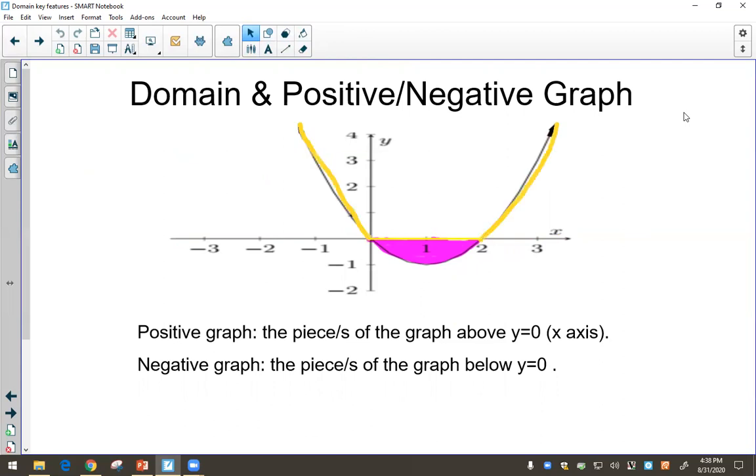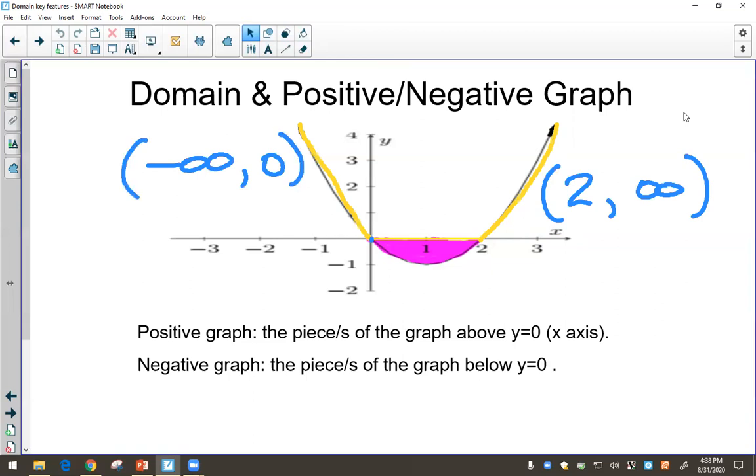Let me show you how we're going to write the information. It starts from 2, and this is going on and on, so we say positive infinity. And this one starts from negative infinity up to 0.